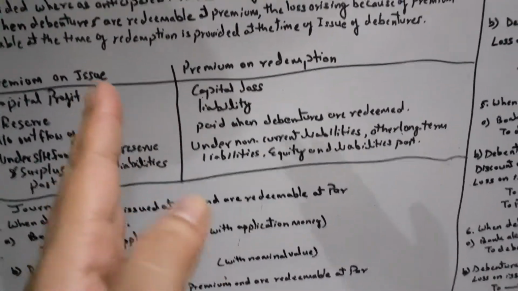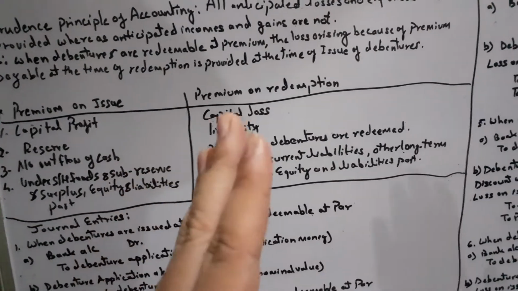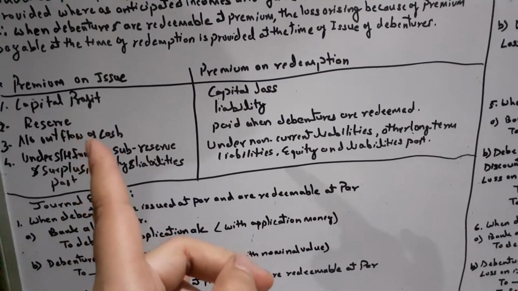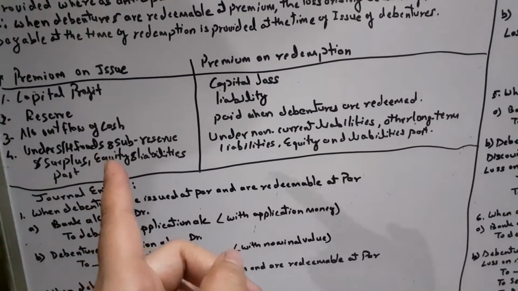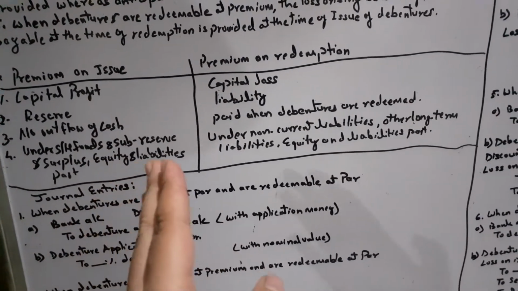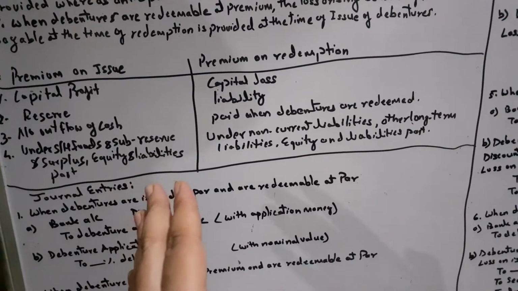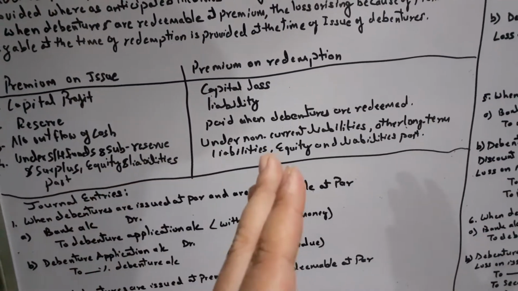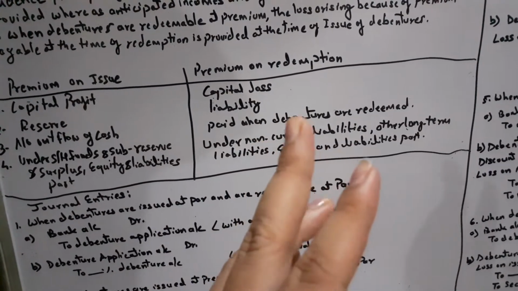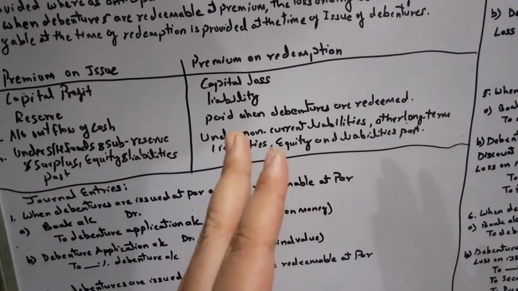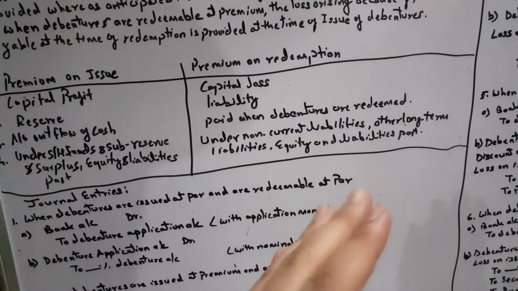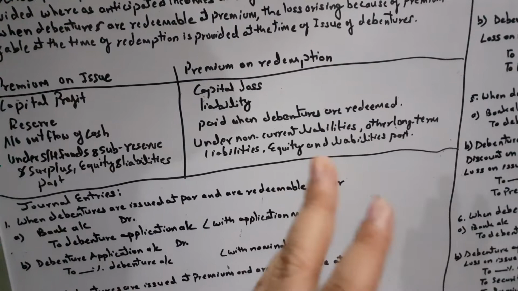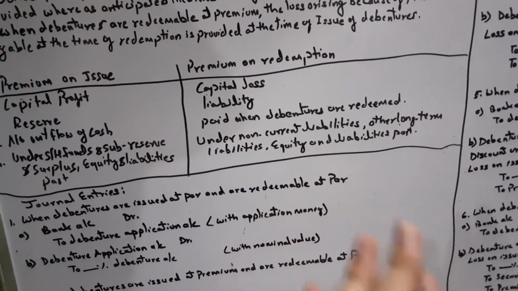Premium on issue is a profit, a reserve, with no outflow of cash, whereas premium on redemption is a capital loss, a liability, and there is an outflow of cash because debentures are redeemed and we are paying.